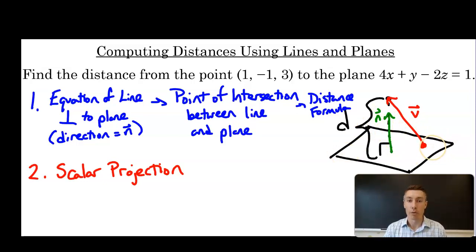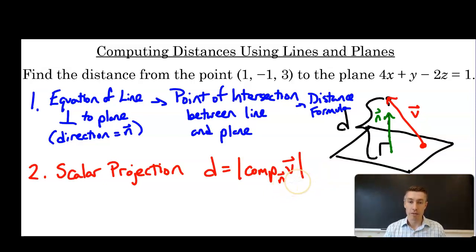We just need one of those points. Point on the plane, point in space, create a vector, compute the scalar projection of v onto n. One slight adjustment we have to make is we do have to take the absolute value, since a scalar projection could be negative. So the distance is the absolute value of the scalar projection of v onto n.